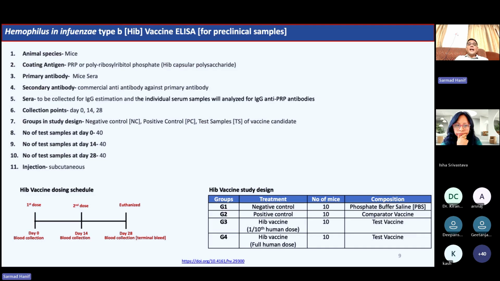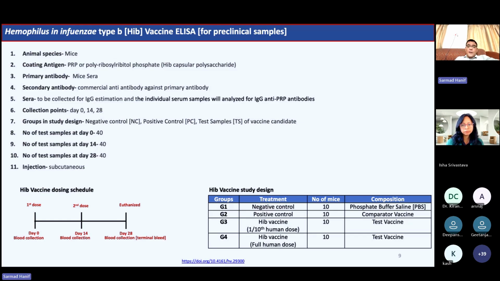At the terminal bleed, you will be having more sera compared to what you got at day 14 and day 0. Obviously, the mouse was alive at that time, so you will be having less sera volume. At day 28, which is the terminal bleed, you will be having more sera volume.